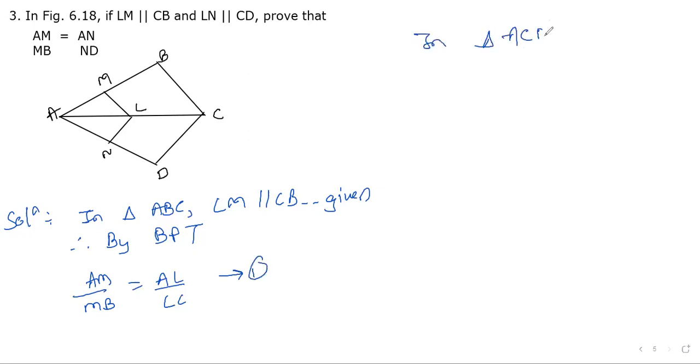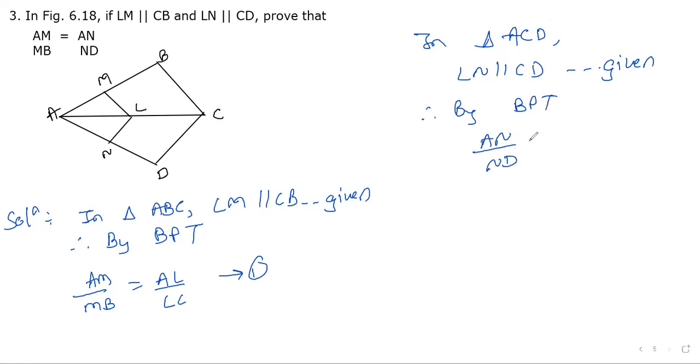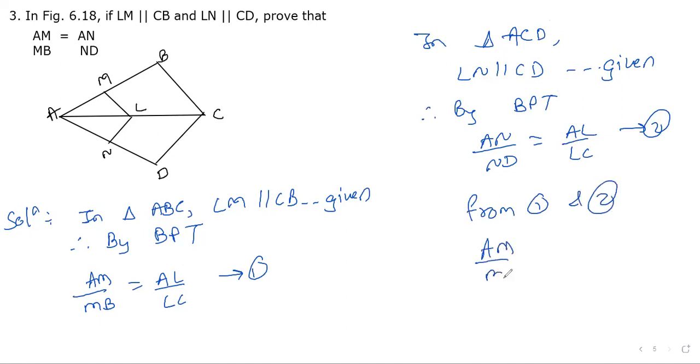In triangle ACD, LN parallel CD given, again by BPT, AN upon ND is also equal with AL upon LC, equation 2. Both are equal with AL upon LC. So from 1 and 2, AM upon MB becomes AN upon ND by transitivity. Hence proved.